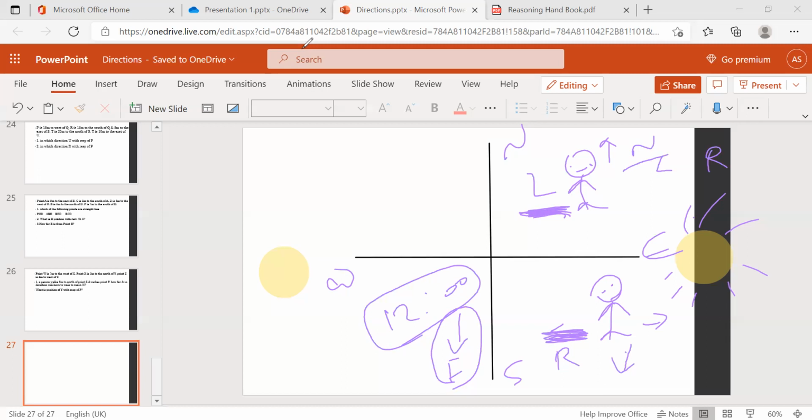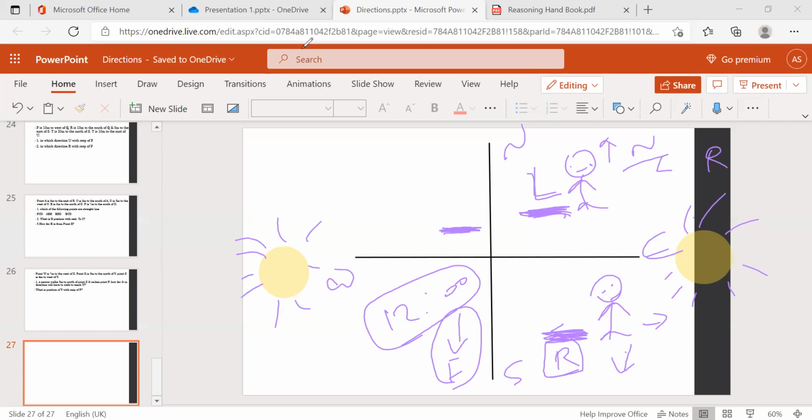In the morning time, if a person faces the north, his shadow is on his left side. If a person faces the south in the morning time, his shadow is on the right side. Remember. The same thing in the afternoon: the sun will be here in the west side, so the shadow lies on the east side.